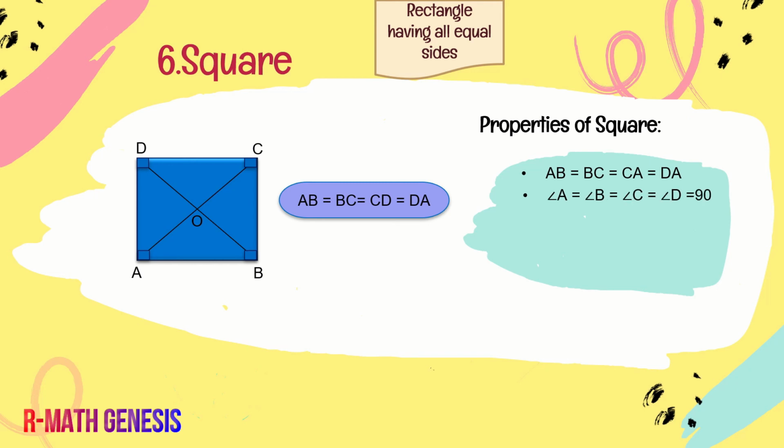The third property is diagonals are equal, that is AC equals BD. Similarly, diagonals bisect each other, that is AO is equal to OC and OB equals DO. And the fifth one is that diagonals intersect at right angles, which means AC is perpendicular to BD. So these are the properties of a square.